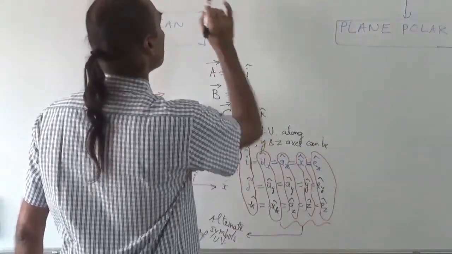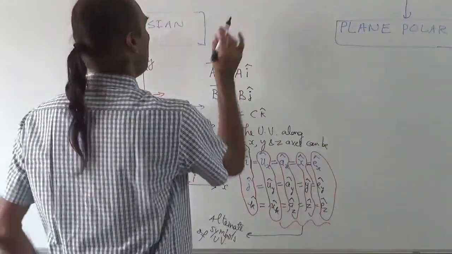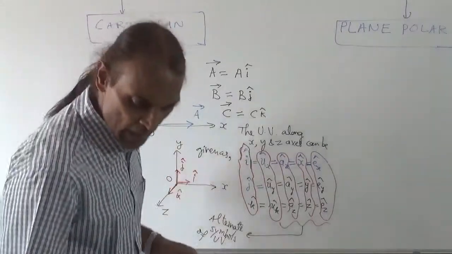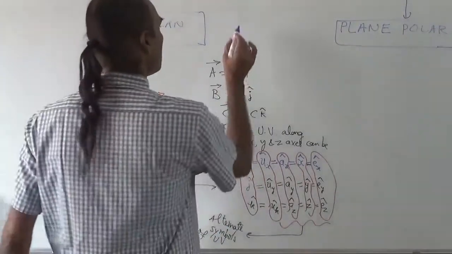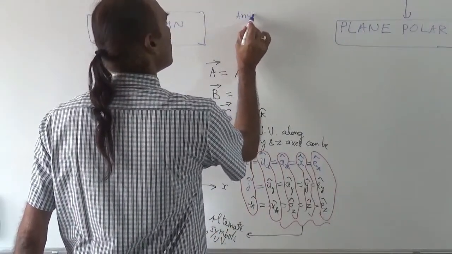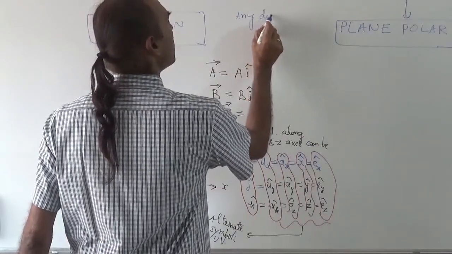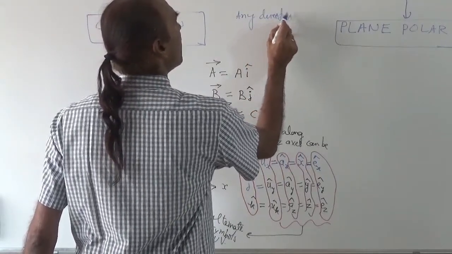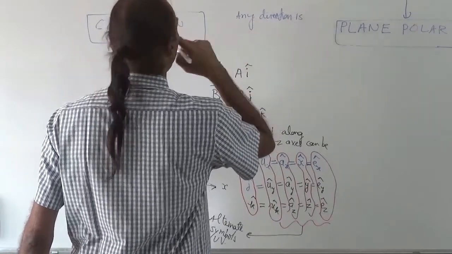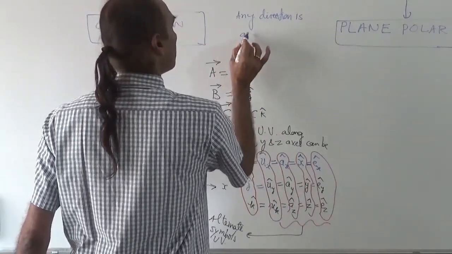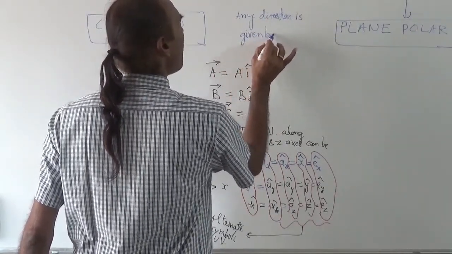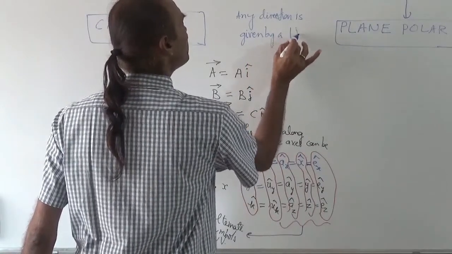The basic concept of the unit vector is that any direction is given by a unit vector.